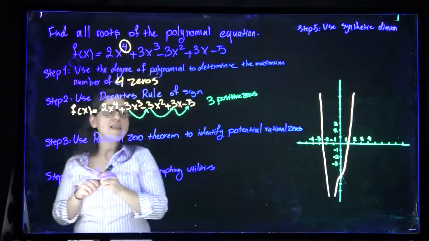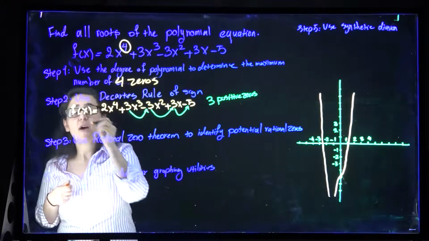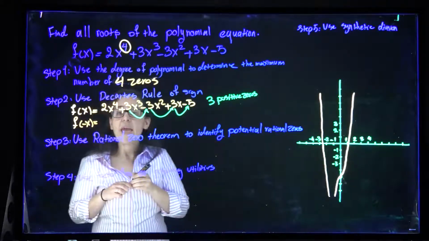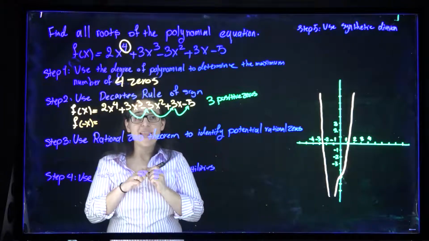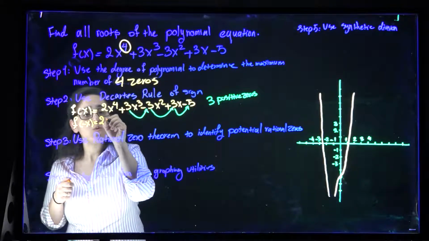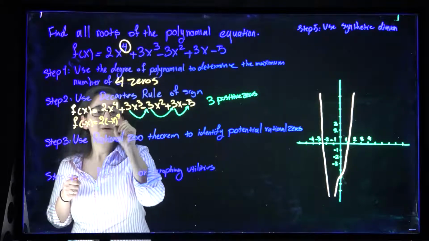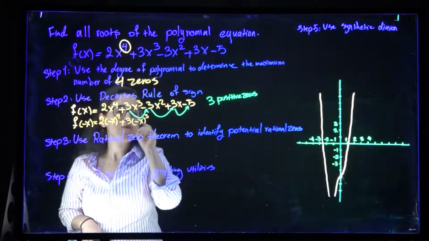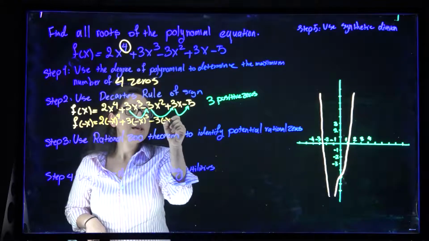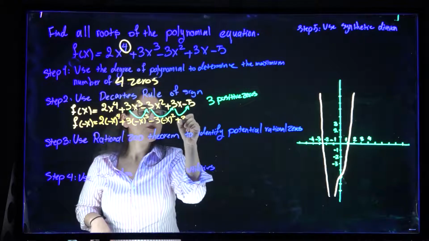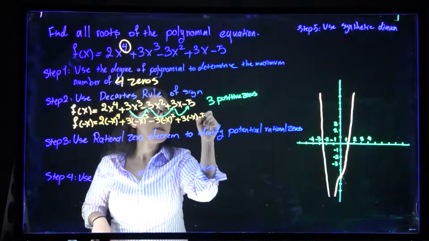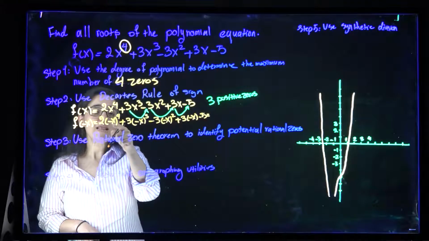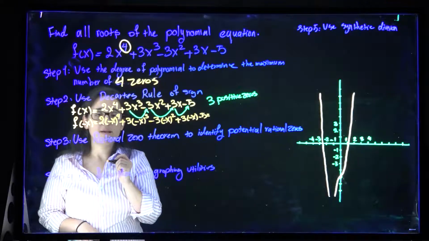Now, for finding out how many negative zeros I have, I can look at f of negative x. Instead of x, I'm going to plug in negative x. So I have 2(-x)^4 + 3(-x)^3 - 3(-x)^2 + 3(-x) - 5. Now, (-x)^4 is just going to be x^4.